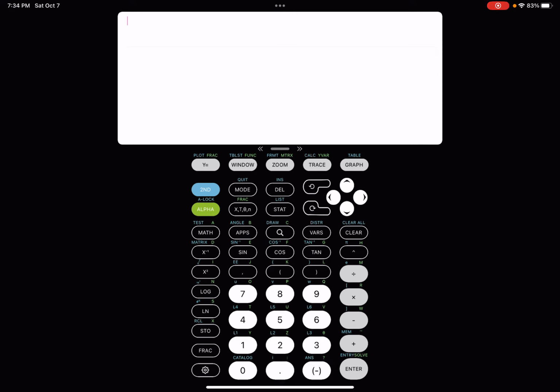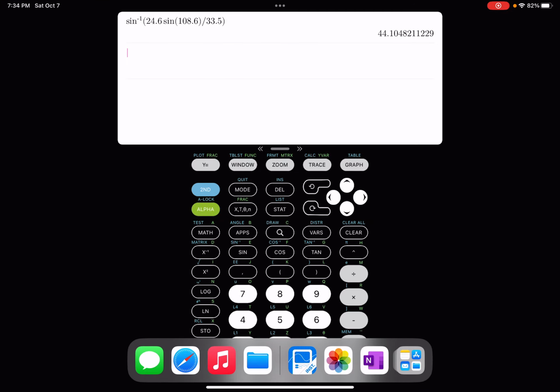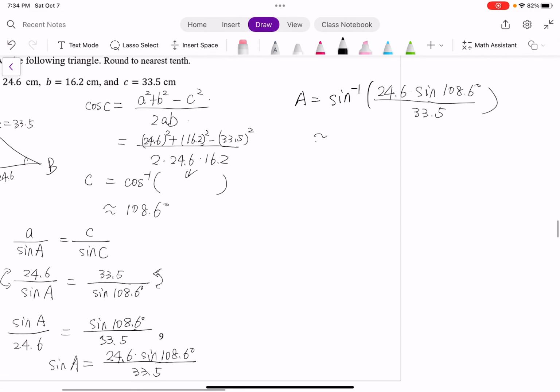So we click inverse of sine, 24.6 times sine 108.6, close the parentheses, all divided by 33.5. Close the parentheses, hit enter. That's the angle A, 44.1. So A is about 44.1 degrees.